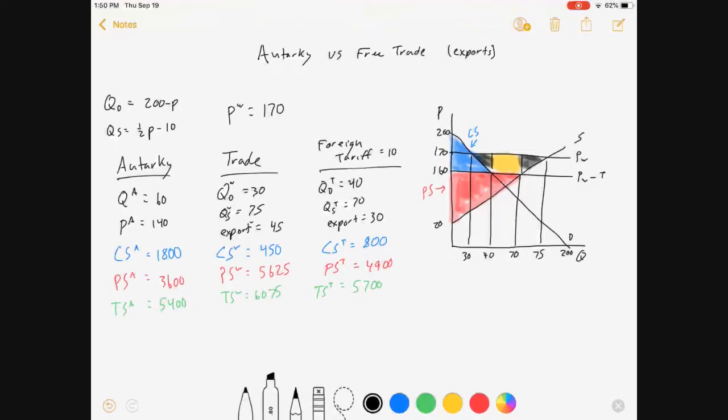Well, that's still happening. The difference is that this yellow square is someone else's revenue. That area for the tax, those dollars collected, are not in our market. They leave our market. This area is not something that we collect as a transfer. It's something our market loses. So yeah, it's collected by the other group, but that's not us.